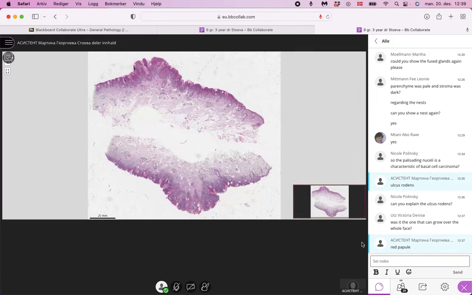Okay, now I'm sharing slide number 40, papilloma of the skin. The papilloma is the elevated lesion over the skin. So initially we'll zoom in at the peripheral areas.